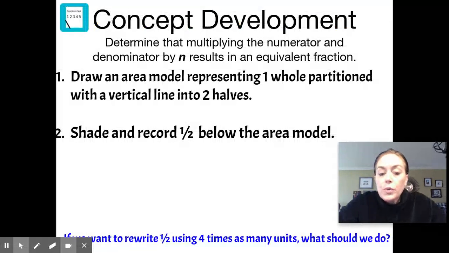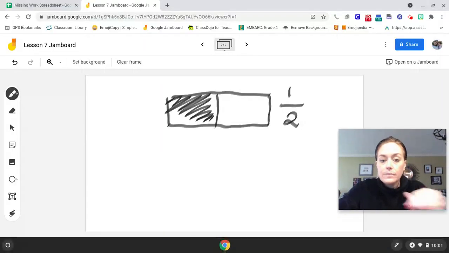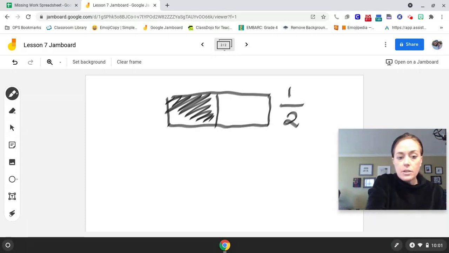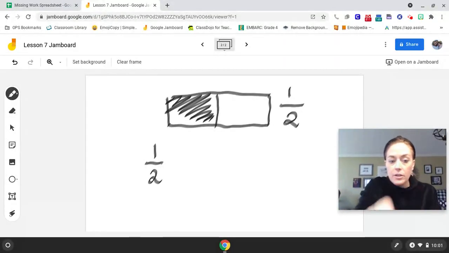If you wanted to rewrite 1/2 using 4 times as many units, what would we need to do? So let's do the multiplication first. 4 times as many units.